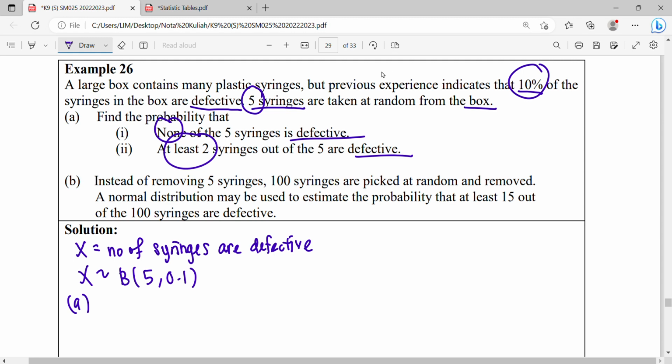So how many syringes here? A, none of these 5. So X will be equal to 0. So we use the formula: 5C0, p 0.1 to the power of 0, then q 0.9 to the power of 5.